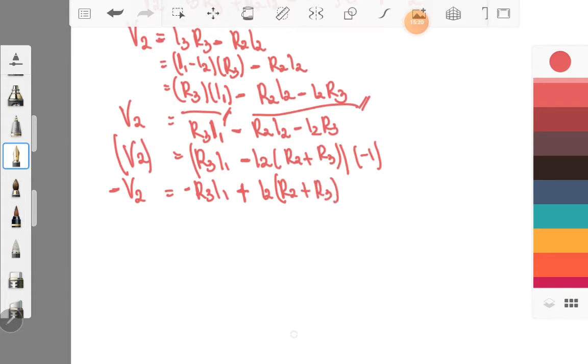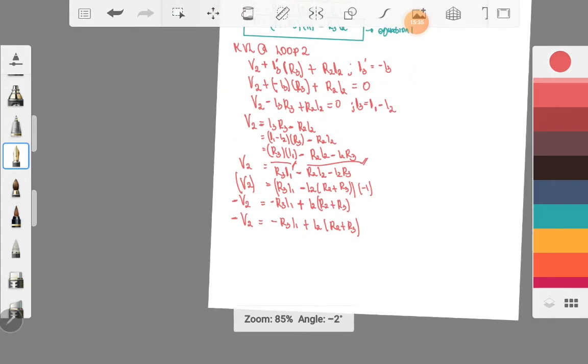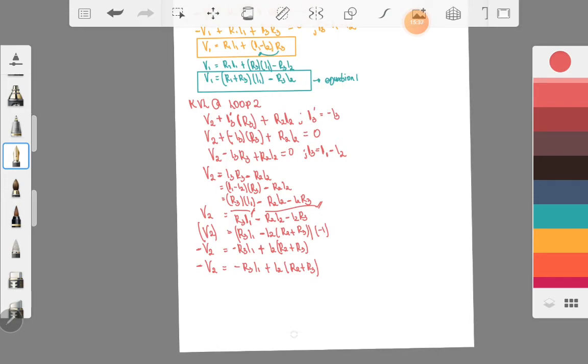So therefore, your negative V2 is equal to this equation. Ayan. So this will be our equation 2.